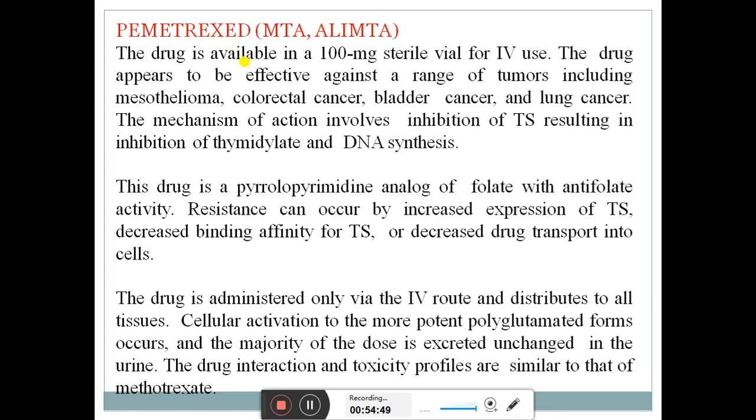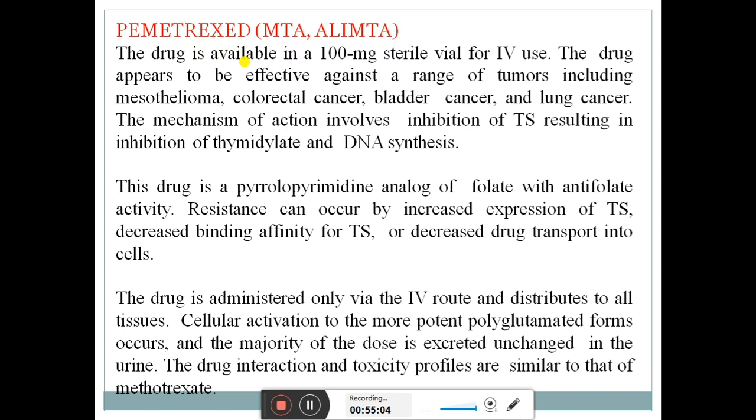The mechanism of action involves inhibition of thymidylate synthase, which results in the inhibition of thymidylate as well as DNA synthesis.